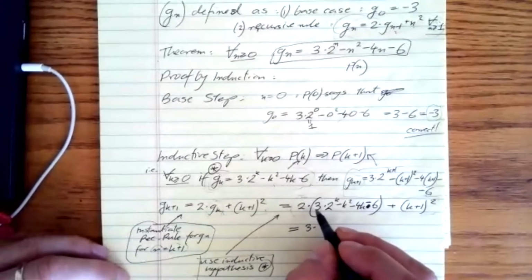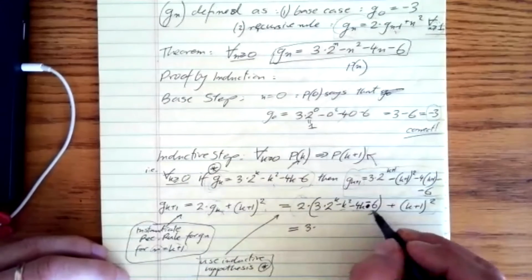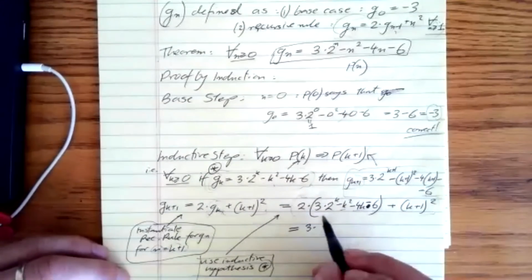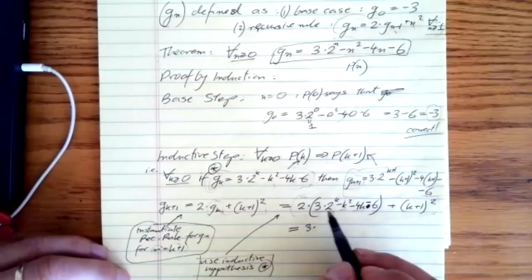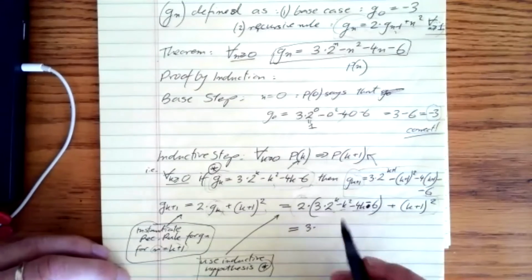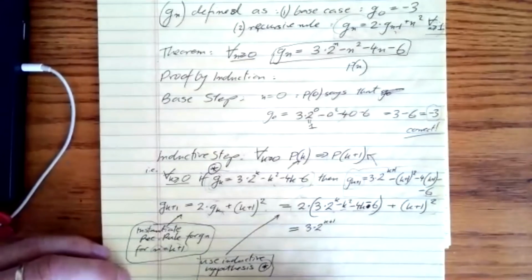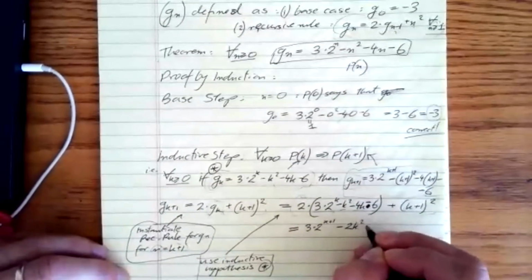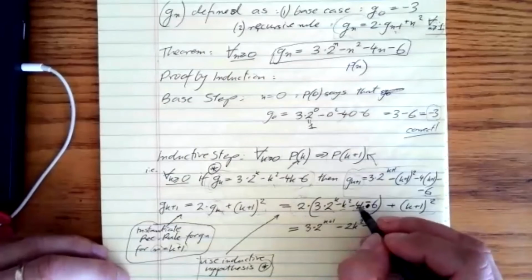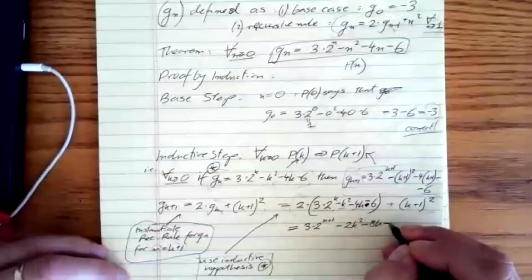This is 2 times, so I can multiply each of these terms in the summation by factor 2. So 2 times this is 3 times 2 to the 1 more power. So it's that. Minus 2k squared minus 8k minus 2 times 6, 12.